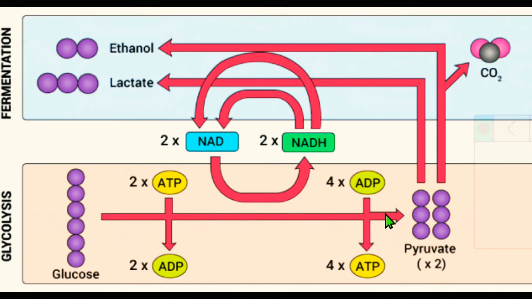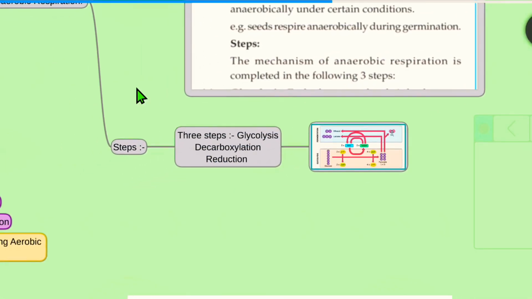Glucose is converted into pyruvate, that is glycolysis, and then decarboxylation takes place, and after that reduction takes place, and ethanol is formed by alcohol fermentation, and here lactate is formed, that is lactic acid fermentation.